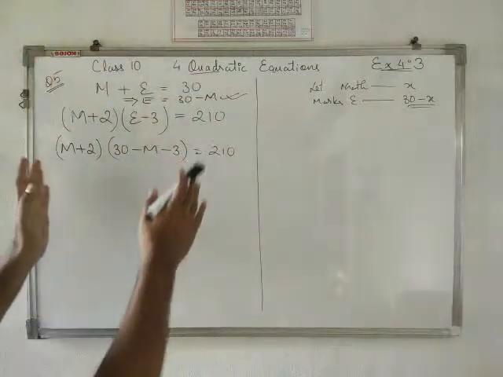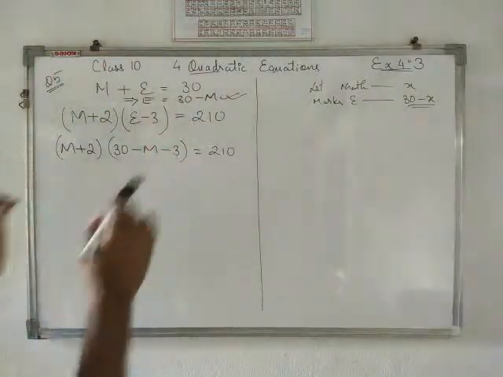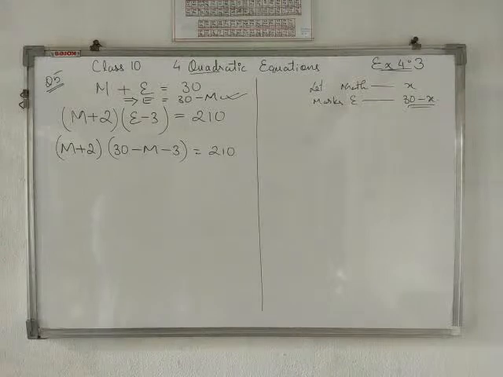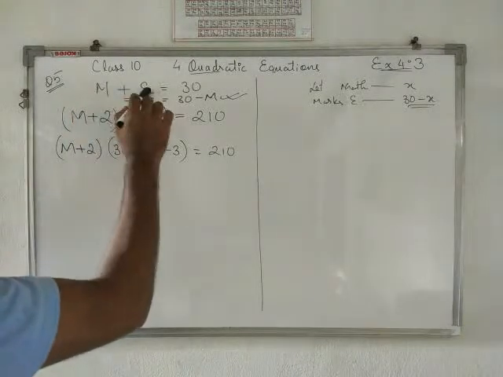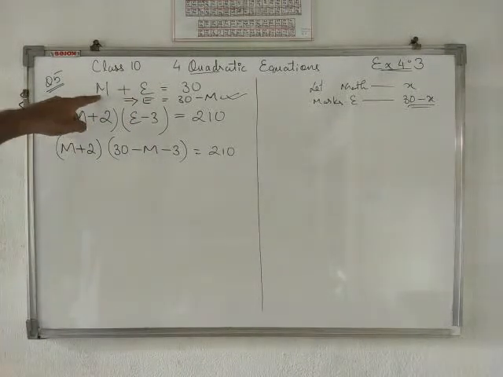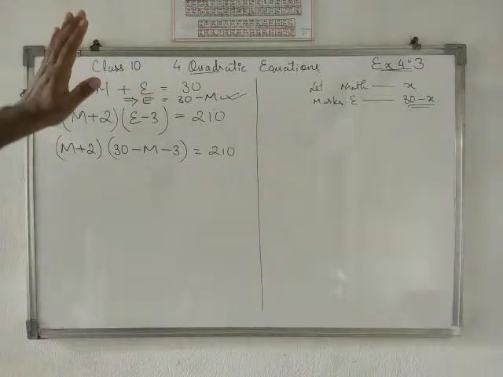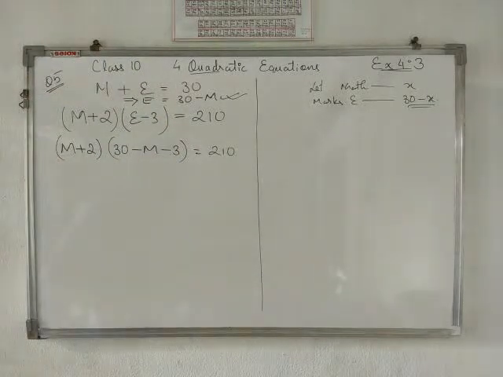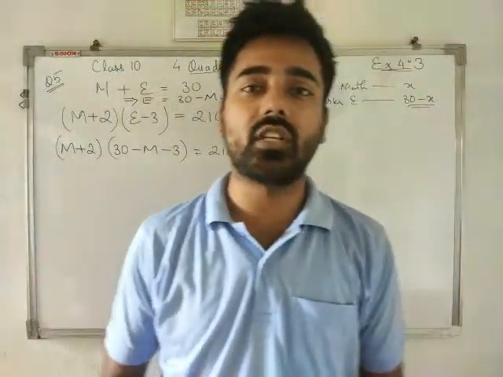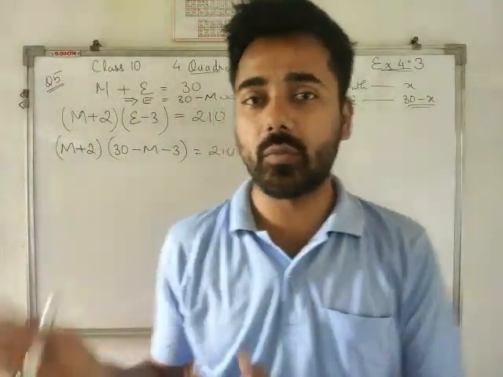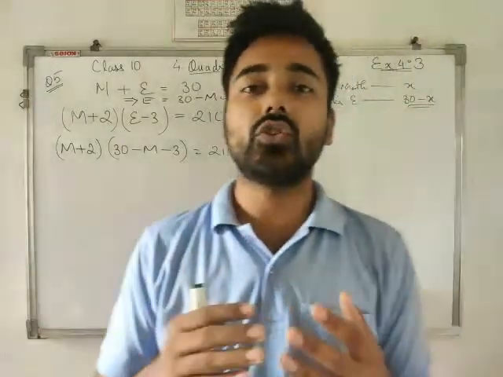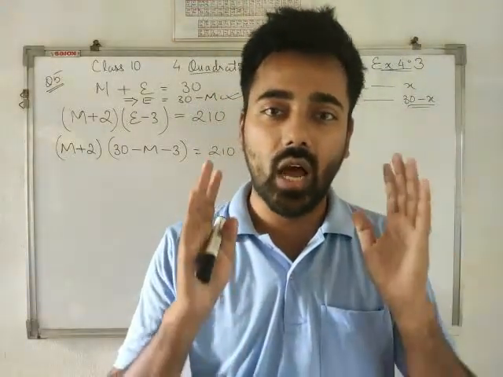Here I have not taken any single variable. I have taken 2 variables, m and e. Marks obtained in mathematics is m and marks obtained in English is e, and I have done this with 2 variables only. Then I have replaced it. As I said in the first question of the first exercise, when you are confused whether the question is from 2 variables or 1 variable, that is quadratic equation, you just go with whatever your heart is saying.